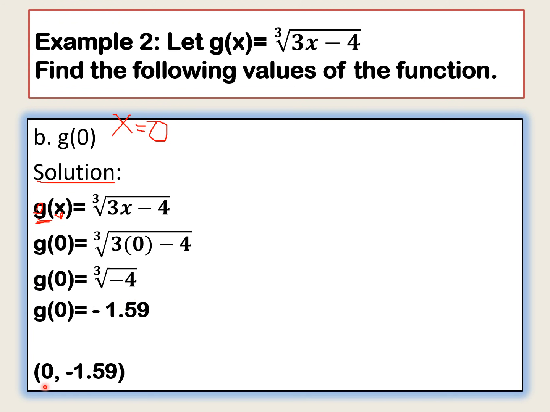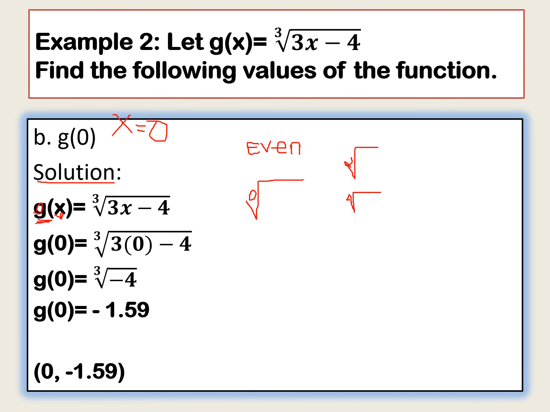Okay? Pero, kung ang ating index, ang ibig sabihin ng index, ito yung number dito banda. Okay? If the index is even, so pwedeng square root ng value, pwedeng fourth root ng mismong value, that is even index.